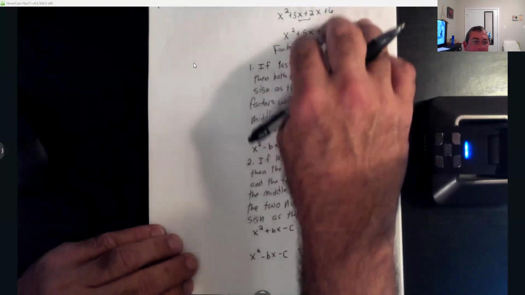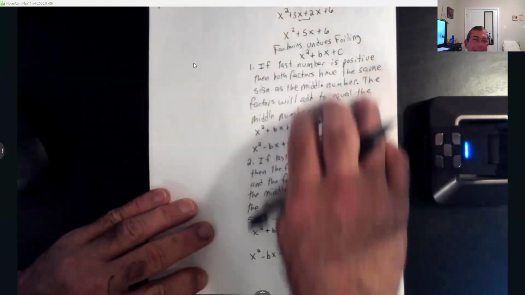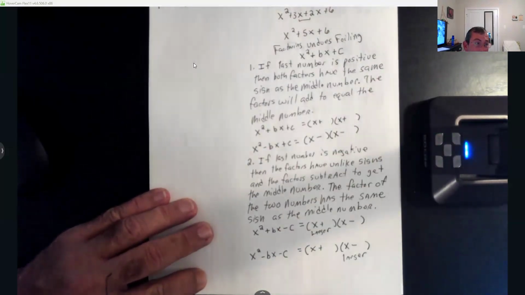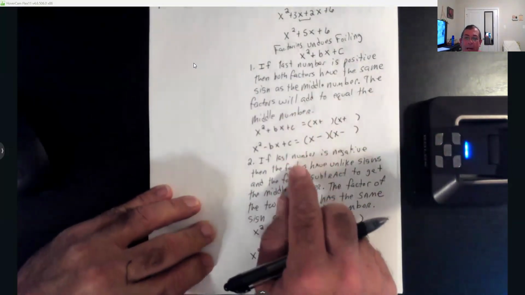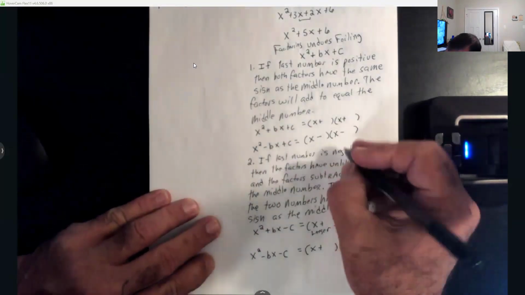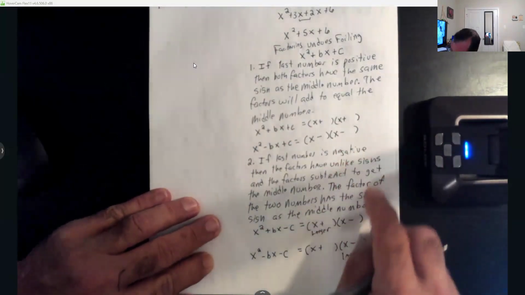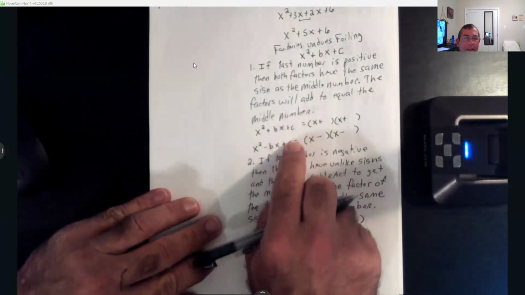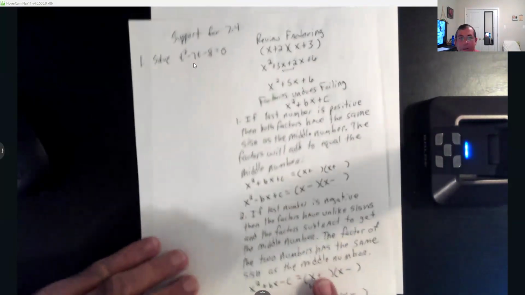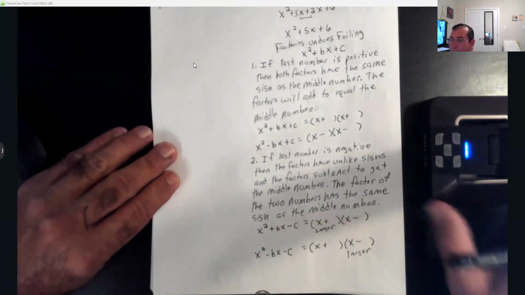All right, so that's basically the foiling steps I'm going to follow, okay? So as I foil, I look and see what case I have. Is my last number negative or is my last number positive, okay? So let's look at our example here.